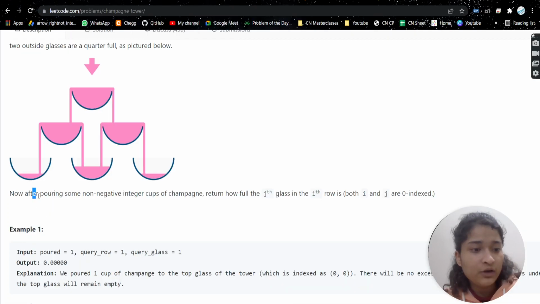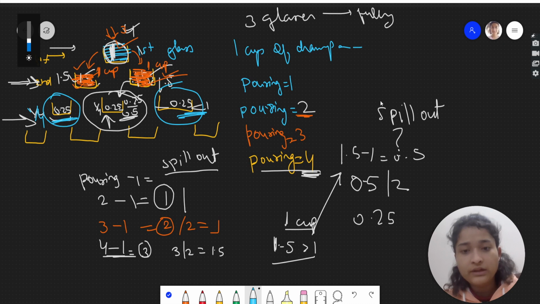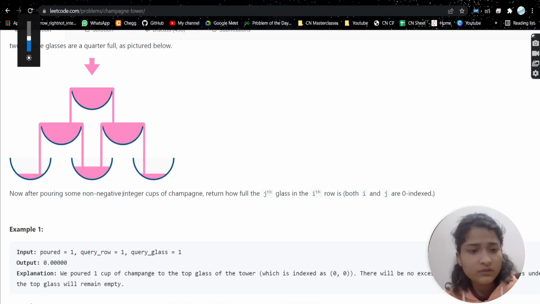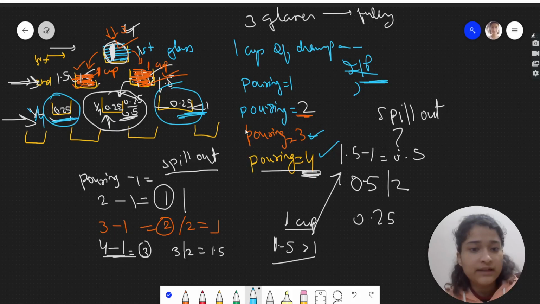See, now after pouring some cups of champagne, in the input we will be given how many cups are being poured. Like 2 cups are poured, 3 cups are poured, 4 cups are poured, right? So in the input we will be given an integer cups, how many cups of champagne are being poured, and we need to tell how full the jth glass in the ith row will be.